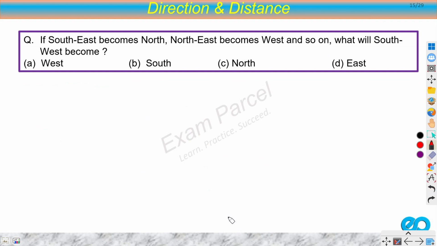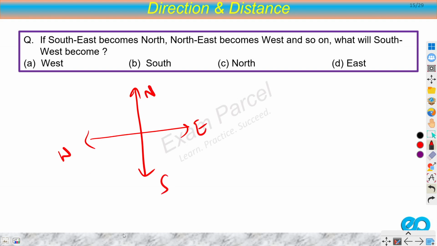Okay, third question: if southeast becomes north, northeast becomes west, and so on, what will southwest become? So we have, let's say, east, west, north, south, and southeast.